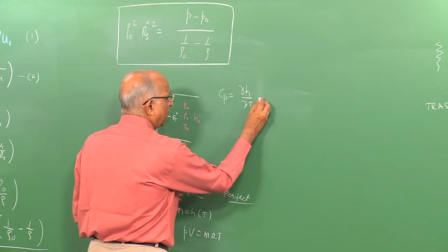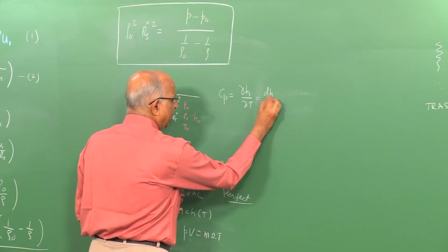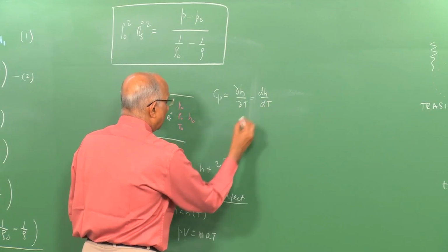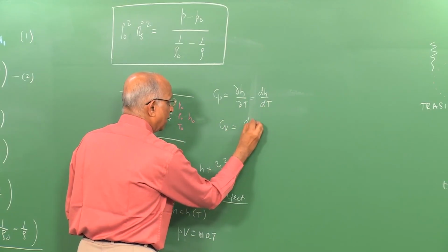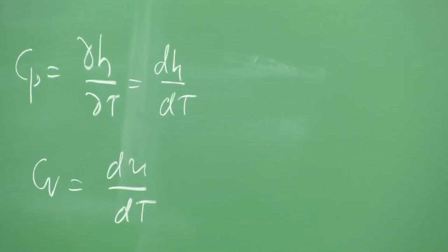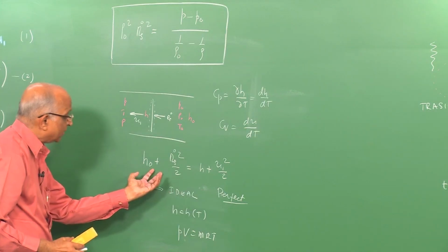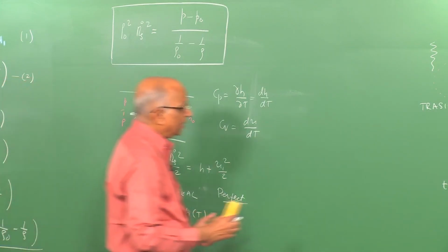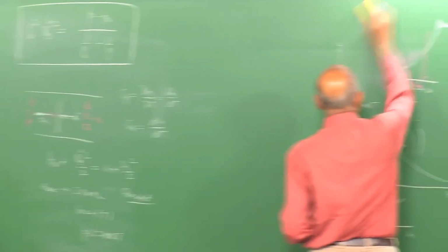Therefore, I can as well write Cp equal to dH by dT, and Cv is equal to d of the specific internal energy by dT, and therefore, for a perfect gas I can simplify this equation and write it in the following way. Let us write the energy equation.